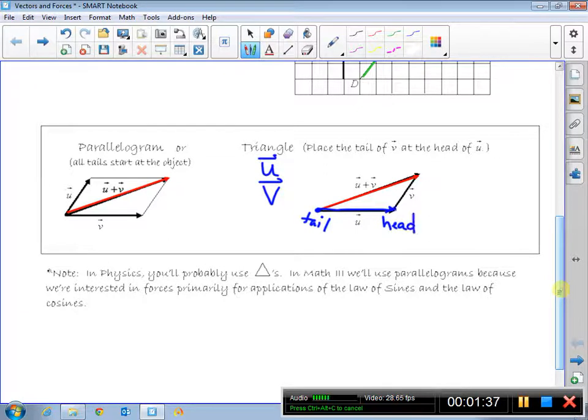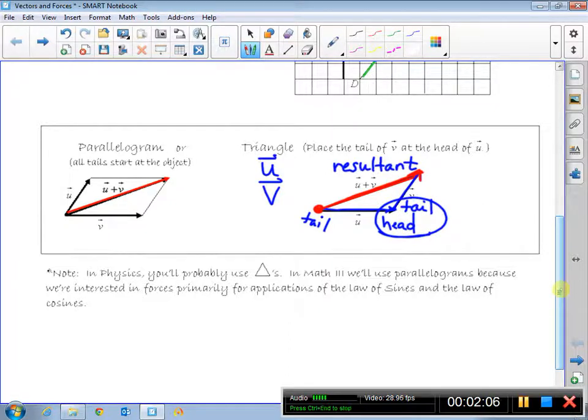They attach the other tail to the previous head. So you'll get a head to tail, and then the resultant, what we get from adding them, is this red vector that starts at the original tail and goes to the second vector's head. So that's vector u plus vector v.